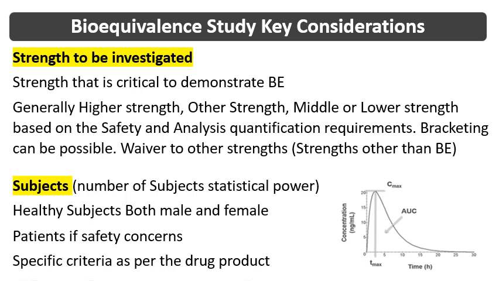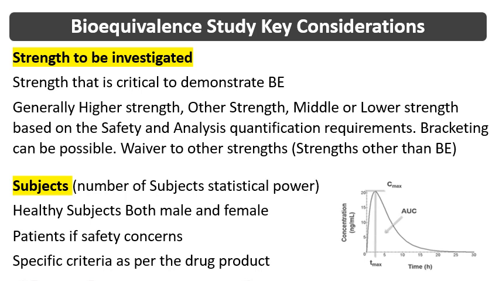Then subjects. Subjects are human subjects, and these subjects are selected depending on the drug properties and the formulation design. Generally, the number of subjects taken for any BE study is based on the statistical power, and statistical power is nothing but the significance of the data.